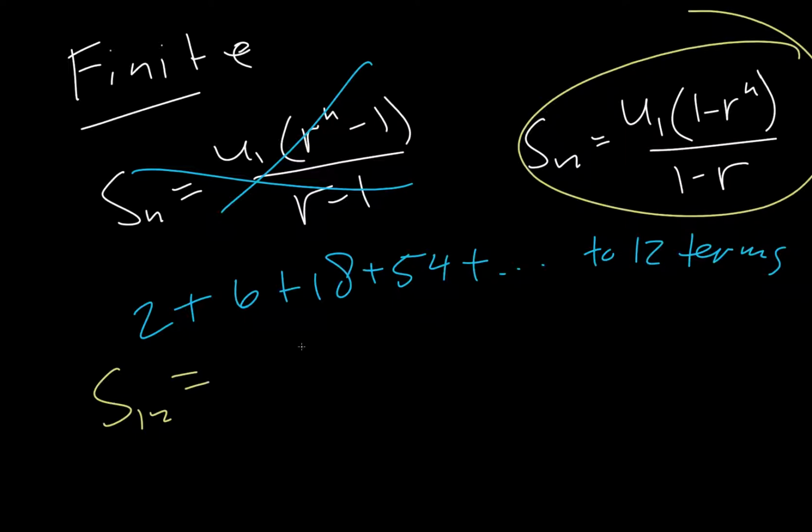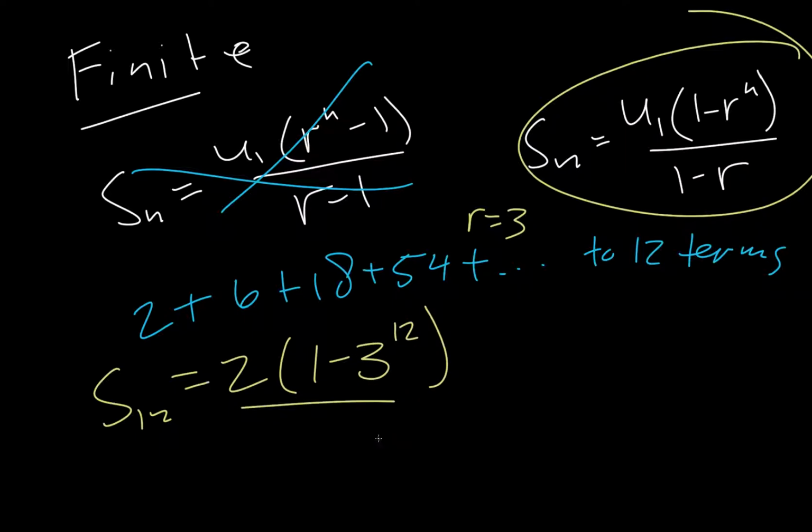And then we have our first term, which is 2. And then we have r, which is our common ratio. So we have to think, what are we multiplying by to go? Well, it looks like 3. 2 times 3 gives us 6. 6 times 3 is 18. And so our r is equal to 3. So we get 3 raised to the n, which is 12. And then we have 1 minus 3.